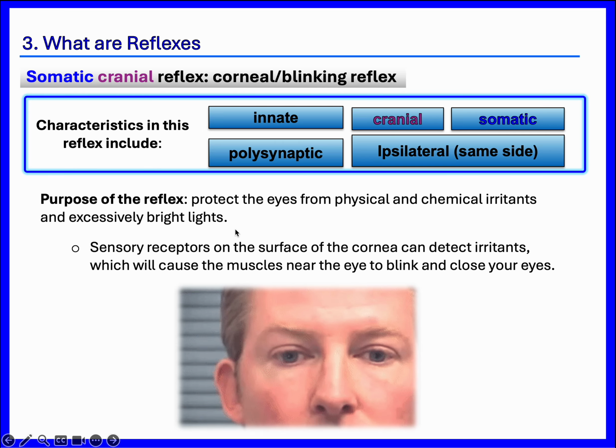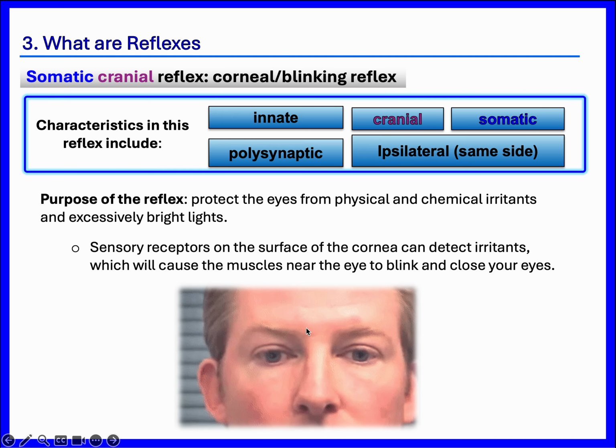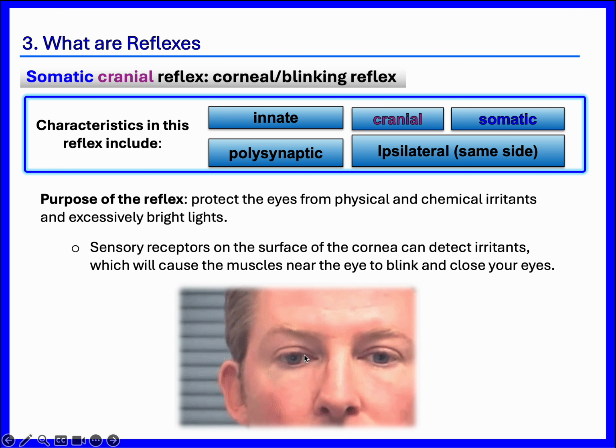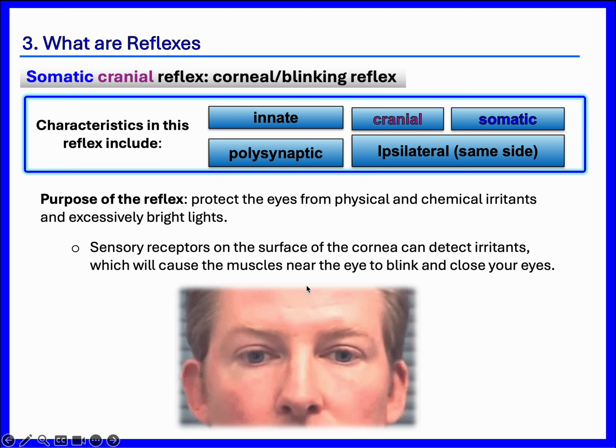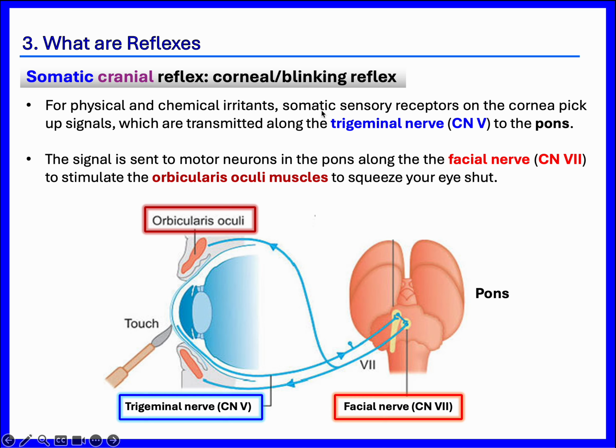So, sensory receptors on the surface of the cornea, over here on the surface of the eye, could detect irritants. Here they're sticking a Q-tip in the eye. And that'll cause the muscles near the eye to blink and close your eyes to protect it, right? For physical and chemical irritants, somatic sensory signals on the cornea pick up signals which are transmitted along the trigeminal, right?